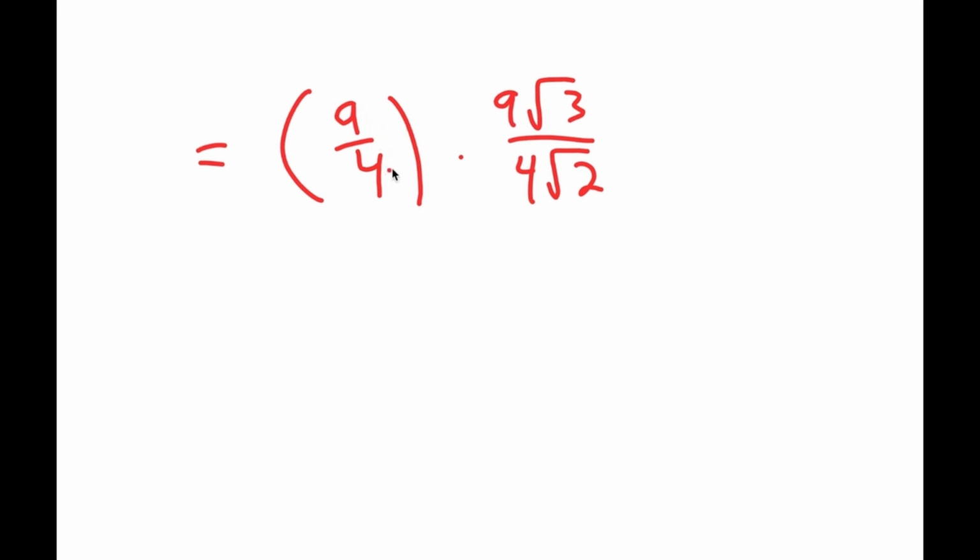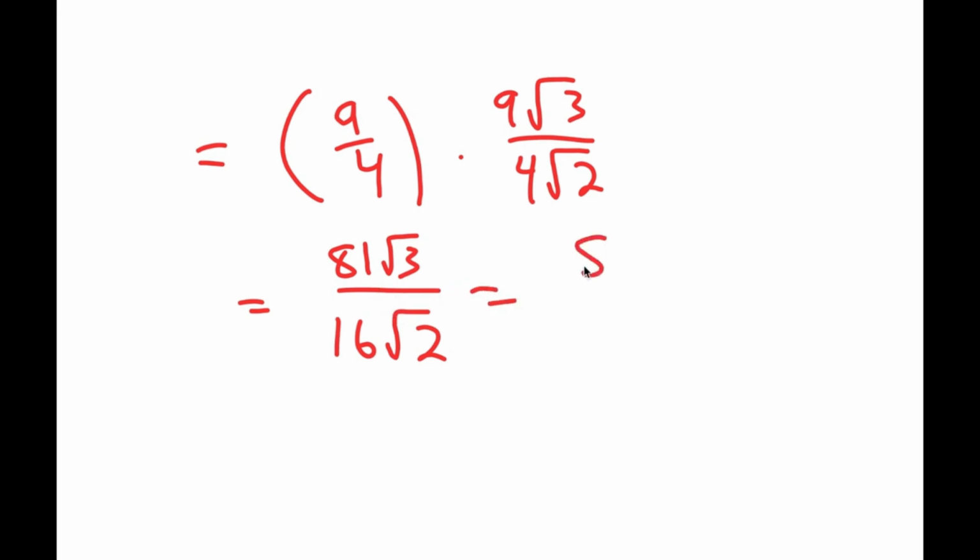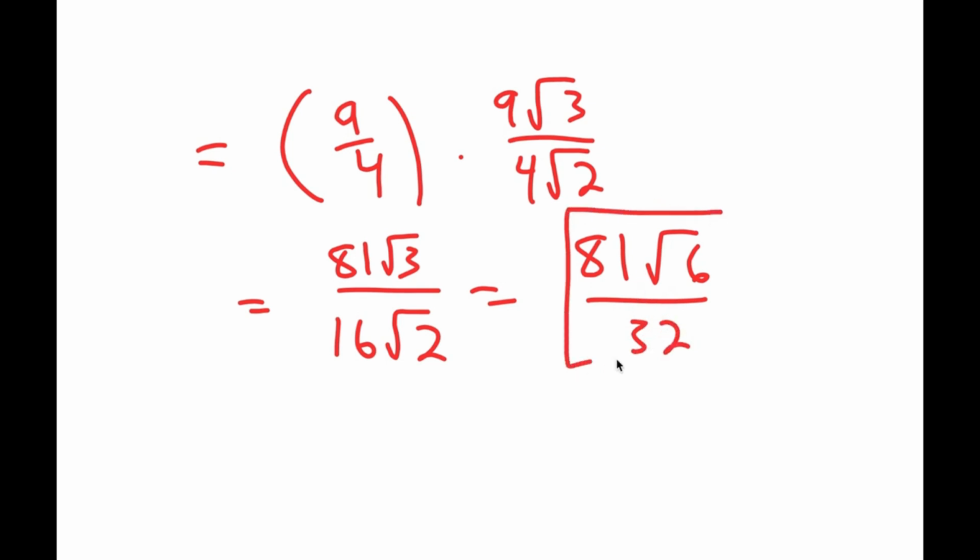And if I multiply 9/4 with this, I get 81 root 3 over 16 root 2, which turns into 81 root 6 over 32. So this is my answer.